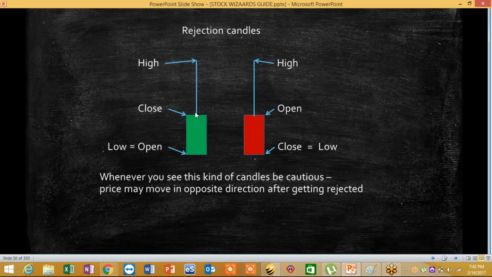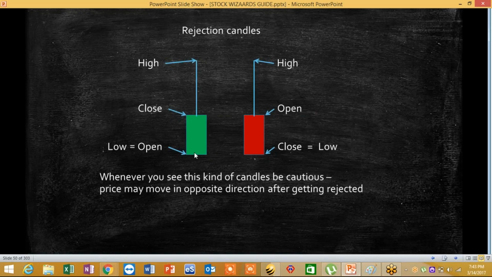That means the prices were rejected from these highs. Is that okay? It is a green candle, a bullish candle, but this is a rejection candle. It looks like a bullish candle, but this is not bullish at all. The prices have been rejected from there.